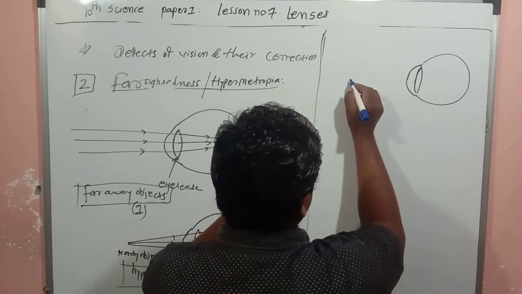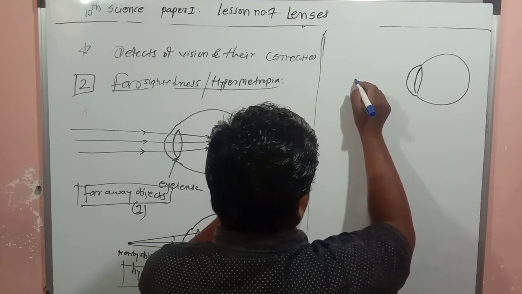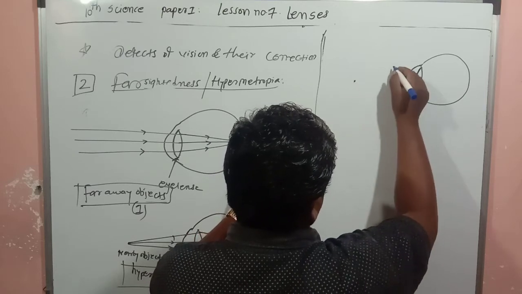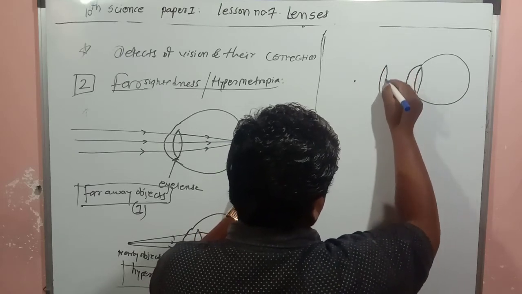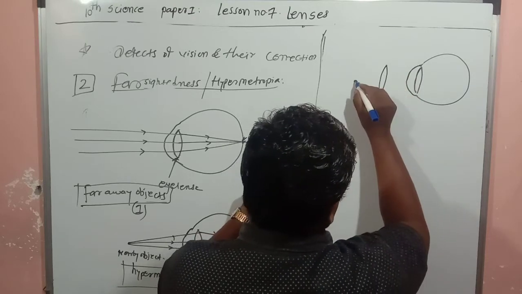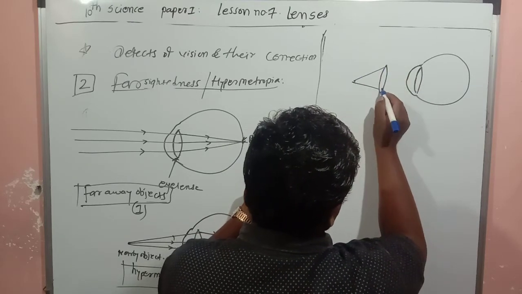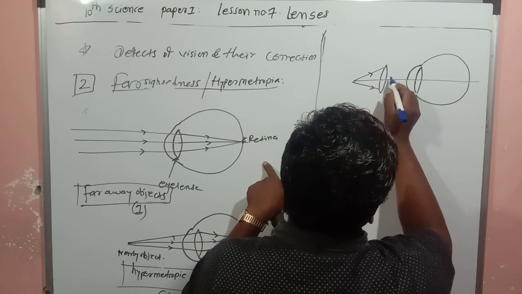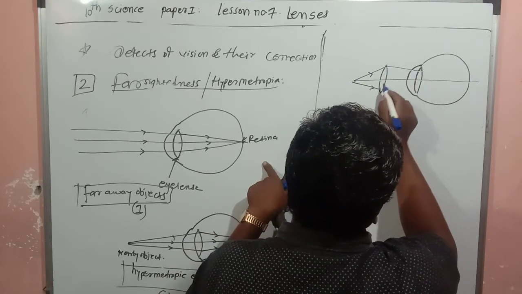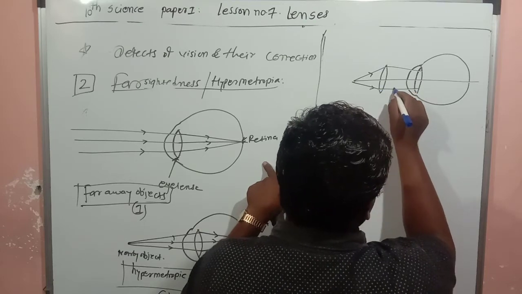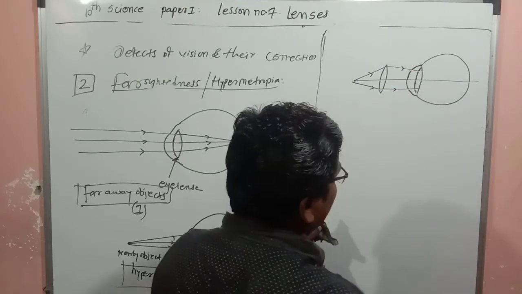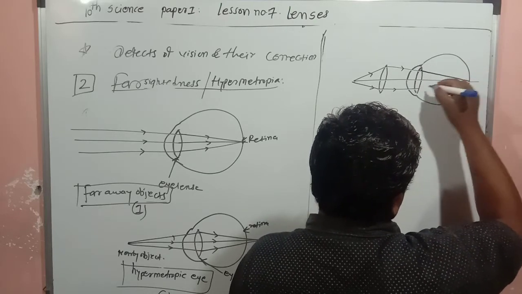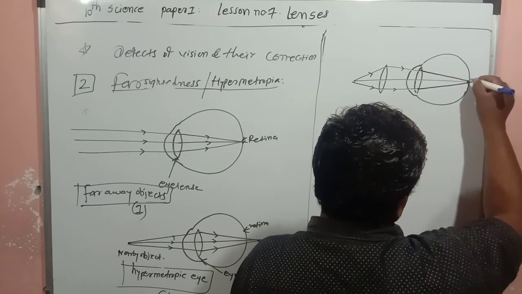Light rays coming from nearby objects first pass through a convex lens, which converges them, and then they are converged by the eye lens on the retina.